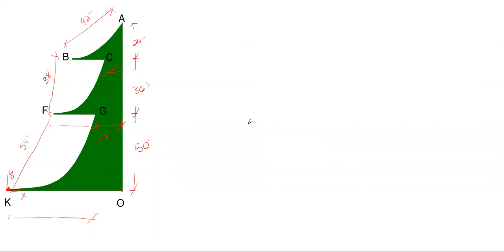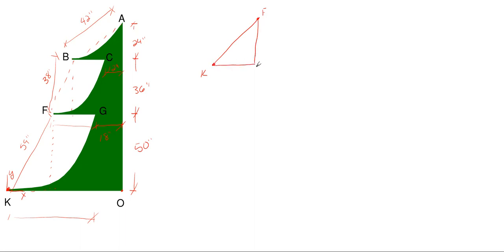We are just going to use these diagonal dimensions and turn them into little right triangles, and likewise with B to A as well. And we are going to get these horizontal dimensions like this. So let's start with our first one, which is going to be point K up to point F.